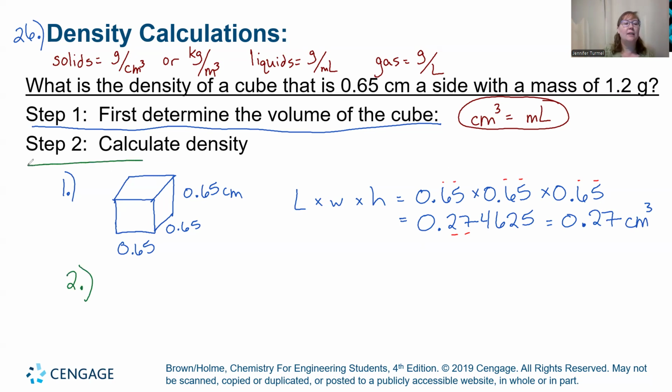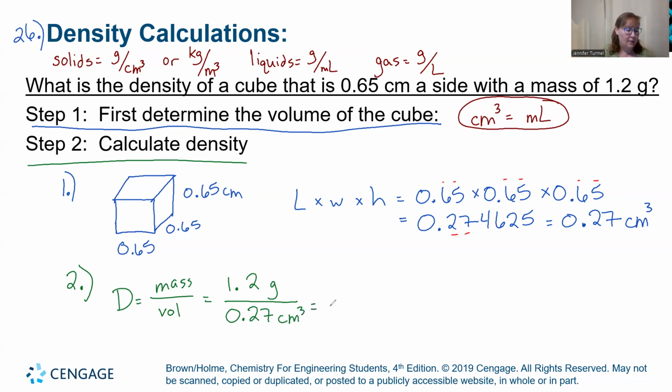Now let's take a look at our step 2. Step 2 says calculate density. Great. So density, remember, is equal to mass over volume. And here we have 1.2 grams for our mass and 0.27 cubic centimeters. And when we put those together, we get 4.4, etc., repeating.